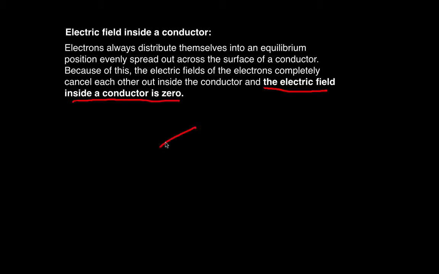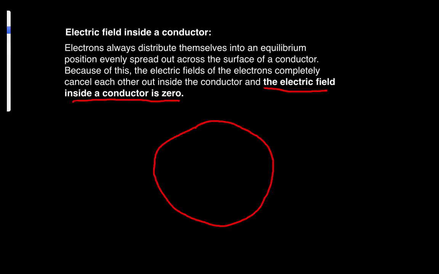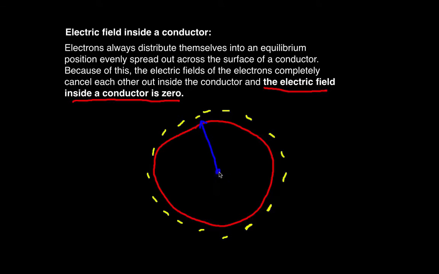So, for example, if you have a large spherical conductor, we know that the electrons will evenly spread themselves out, equally spaced along the surface. Because of this, the electric field pointing towards one electron is completely canceled out by the electric field pointing towards another electron on the other side.